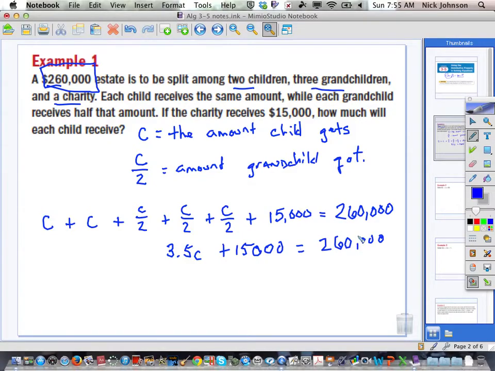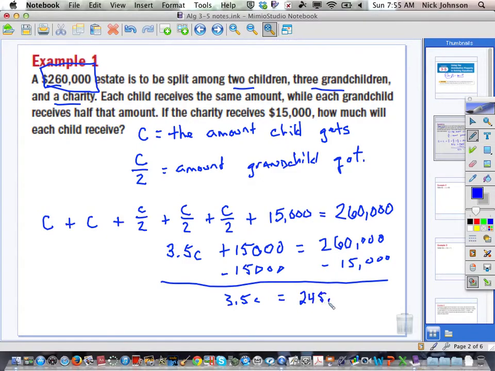So, as you can see now, this is an ax plus b equals c equation. So the first thing I got to do is subtract 15,000. When I do that, I get 3.5C is equal to 245,000.